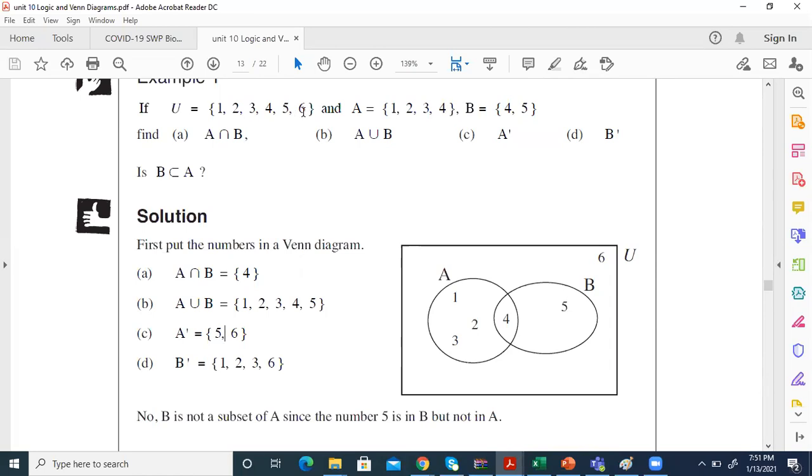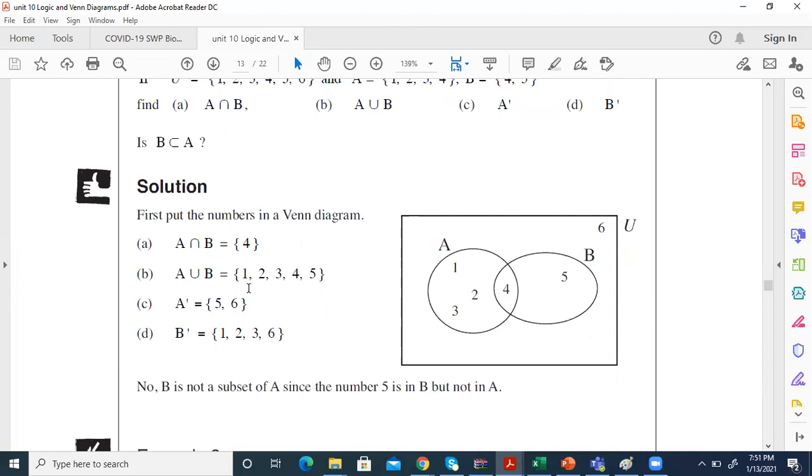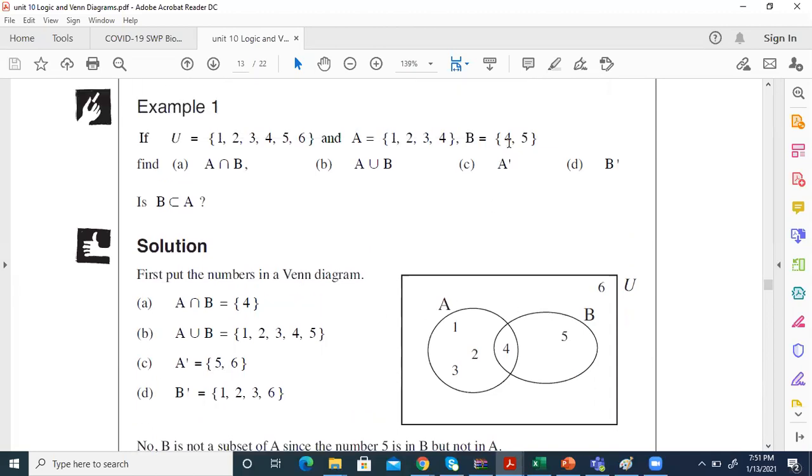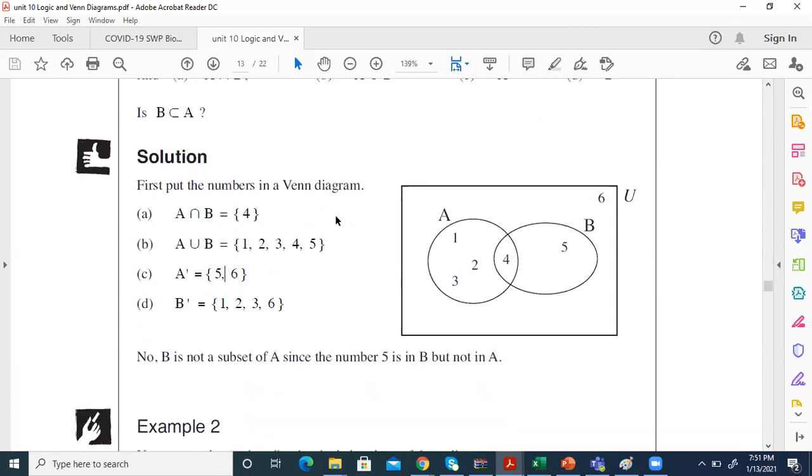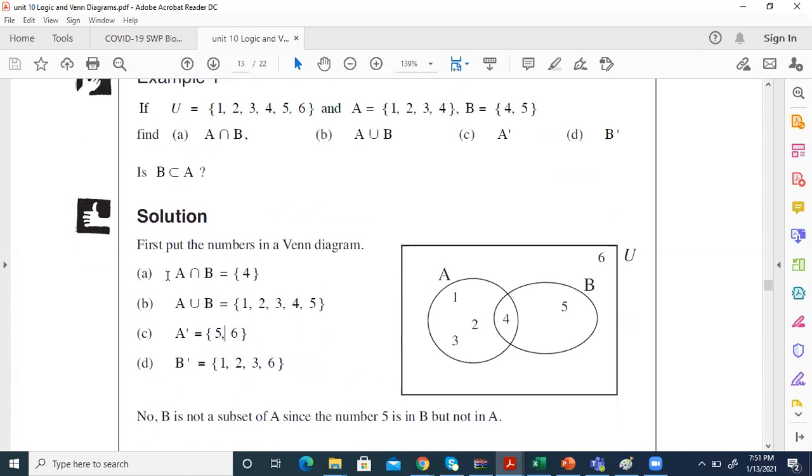Well, 5, 6. So you say that 5, 6 is not in A. Similarly, B complement, B has 4, 5, but you're looking for what is not in B, but is in the universal set. If B contains 4, 5, then everything else would be 1, 2, 3, and 6. And that would finish off A to D.